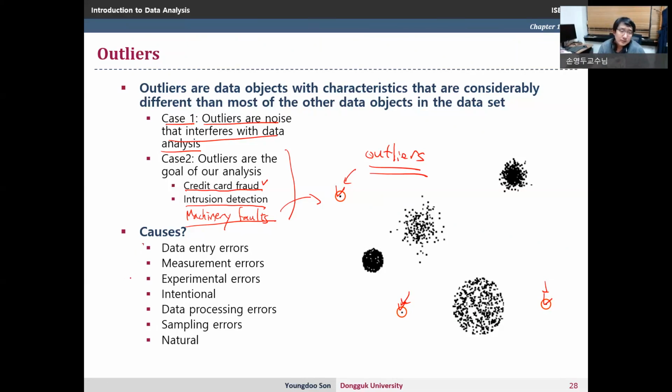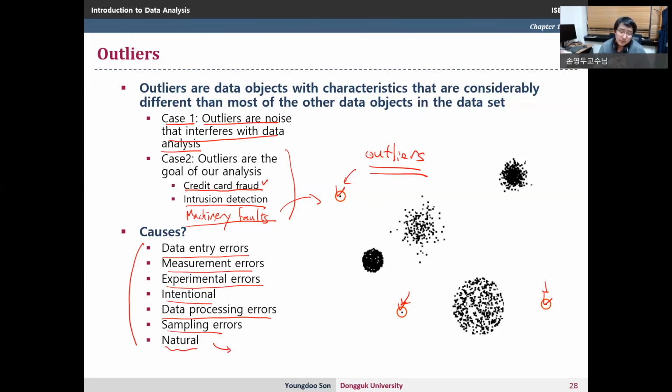Here are the causes of outliers: maybe data entry errors, measurement errors, experimental errors. Intentionally, some people make errors, or errors in data processing or sampling. Or naturally there are outliers.